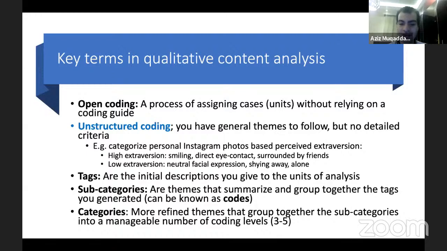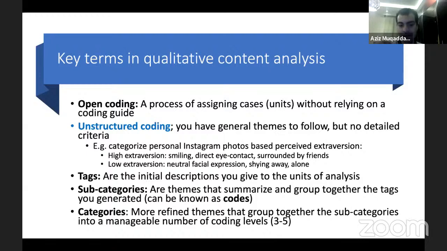With high extroversion, I assigned smiling, direct eye contact, being surrounded by others. And low extroversion, like having a neutral facial expression, shying away from the camera, or being alone. Those things emerged after the impression. You get an impression of someone, and then you try to figure out what made you arrive at that impression, right?